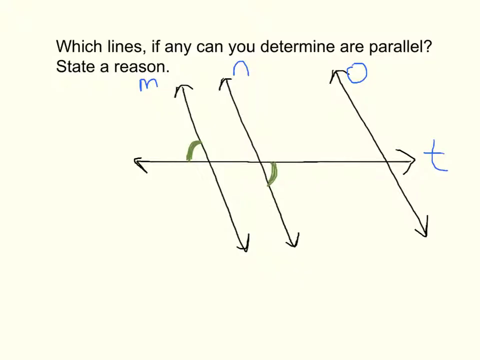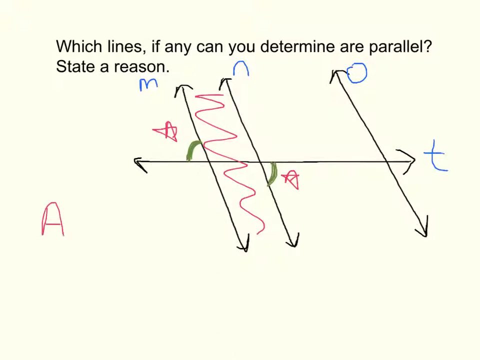In this problem, we are trying to determine if we can say with 100% certainty that any of these lines are parallel. So I have lines M, N, and O, and I'm trying to figure out, based on the information given, are any of the lines parallel. T is my transversal. I can see I have these two angles marked here. If I look at their relationships, they are outside of my two lines and on opposite sides of my transversal.